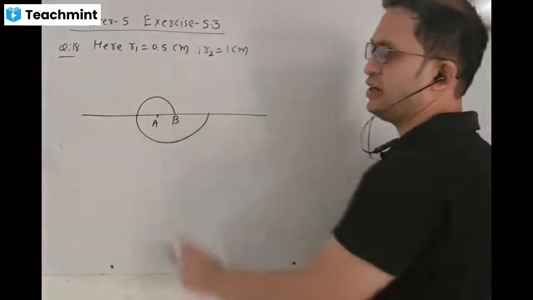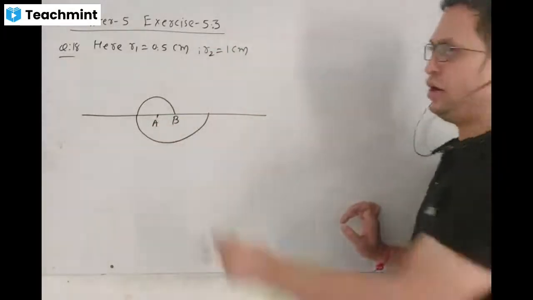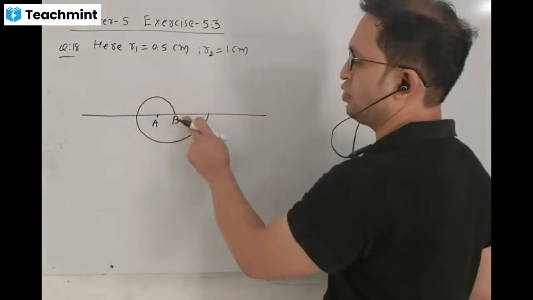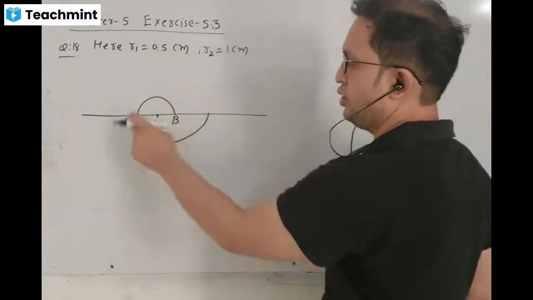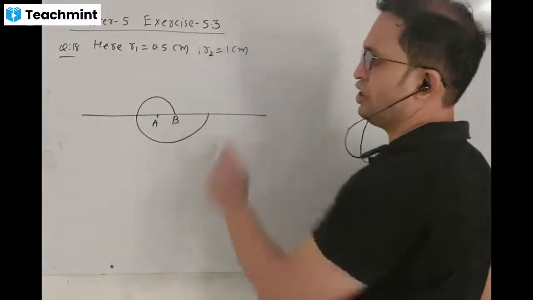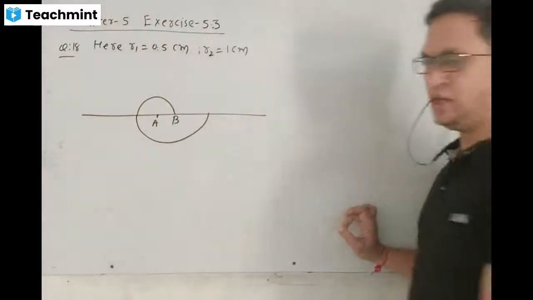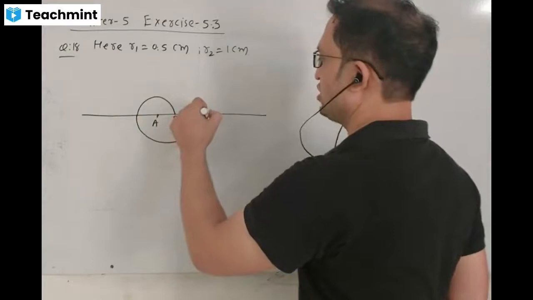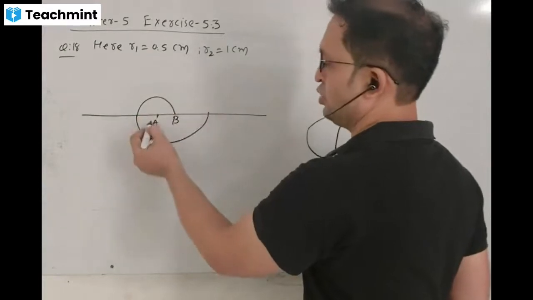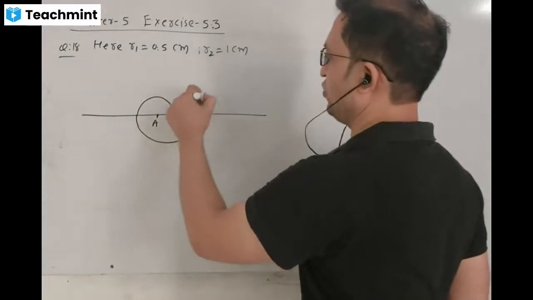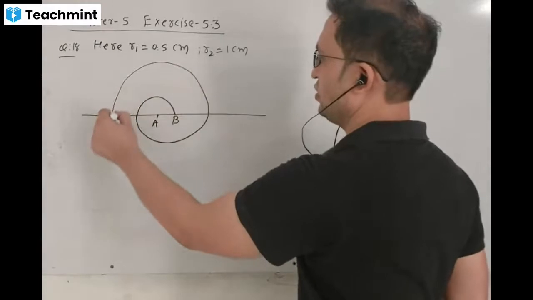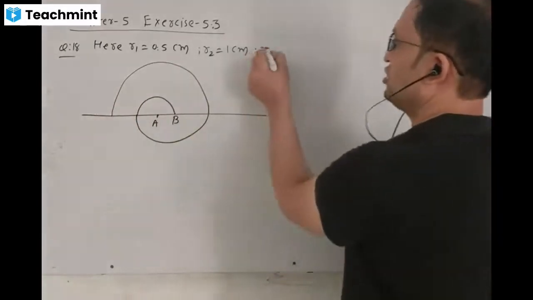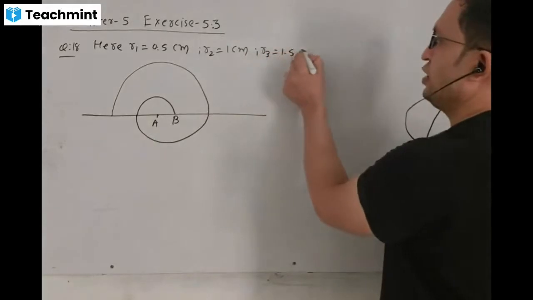First, we take center A and radius 0.5. We draw a semicircle. Then after, we take center B, draw a semicircle with radius 1 centimeter. Same to same. Next, we take center A, draw a semicircle with radius 1.5 centimeter. R3 is equal to 1.5 centimeter.